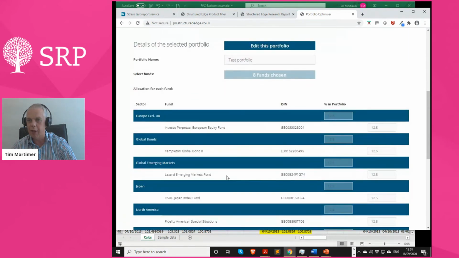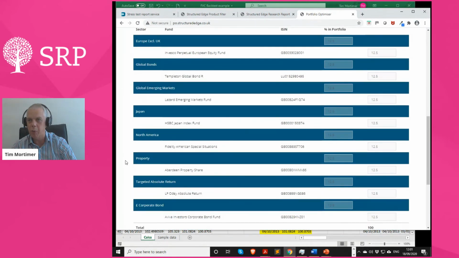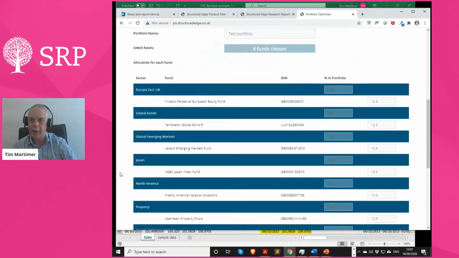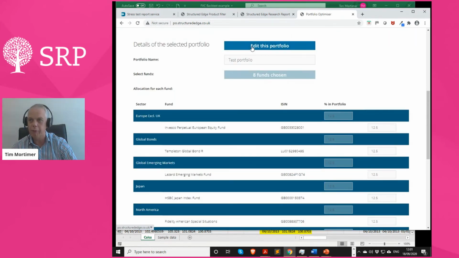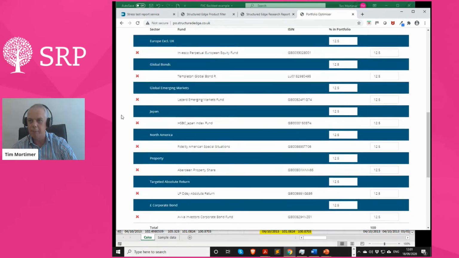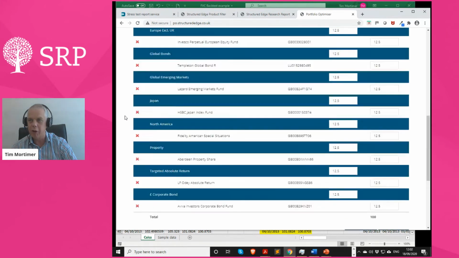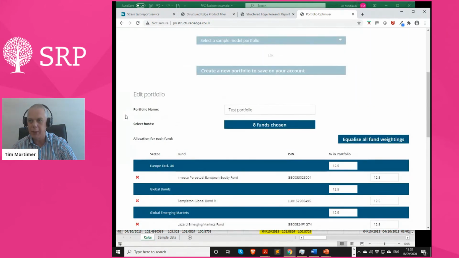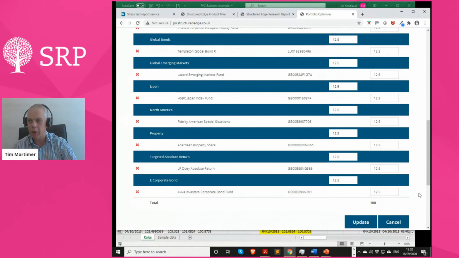The idea here is that there's a portfolio with different funds in. For the database that we have, we've got several hundred funds, but others could be added in more easily. This portfolio could be edited. In fact, you could go and select from the beginning from a whole list.